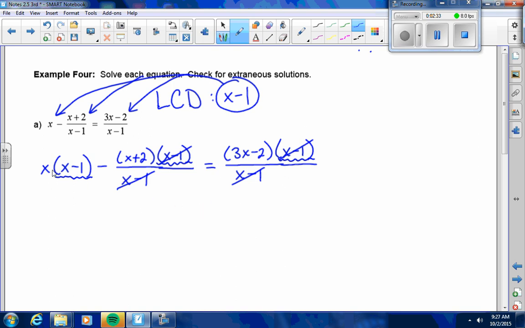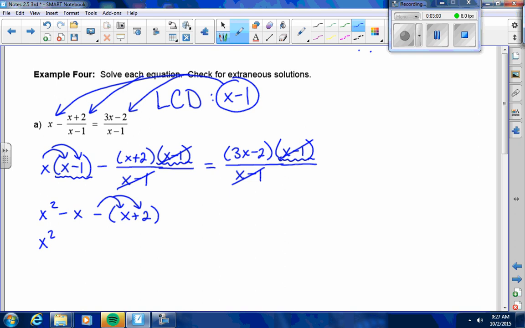So now we see what we're left with. I have x times x minus 1. So I'm going to distribute that x throughout the parentheses. So that gives me x squared, and x times negative 1 is negative 1x. Minus x plus 2. I'm going to write it as minus (x plus 2) because that minus sign needs to be distributed throughout the parentheses.